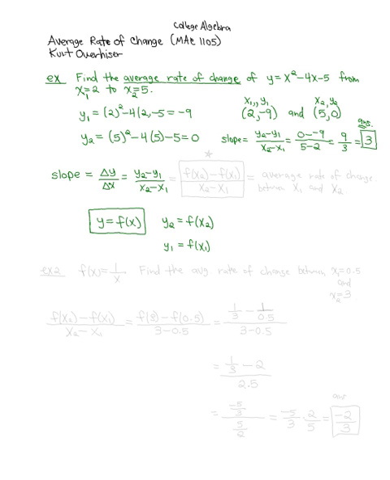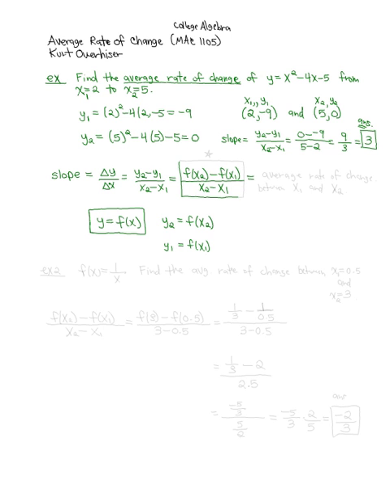So we're going to go back up to the slope equation, and we're going to set this equal to, when we see y2, y2 is equal to f of x2, then minus f of x1 divided by x2 minus x1. And that is the formulation.